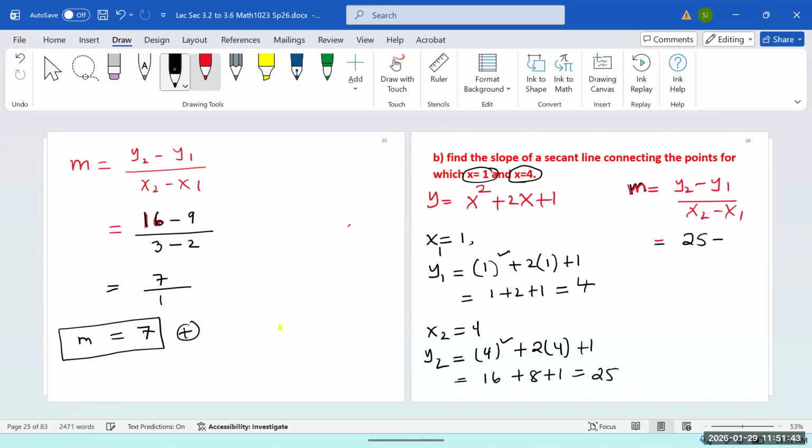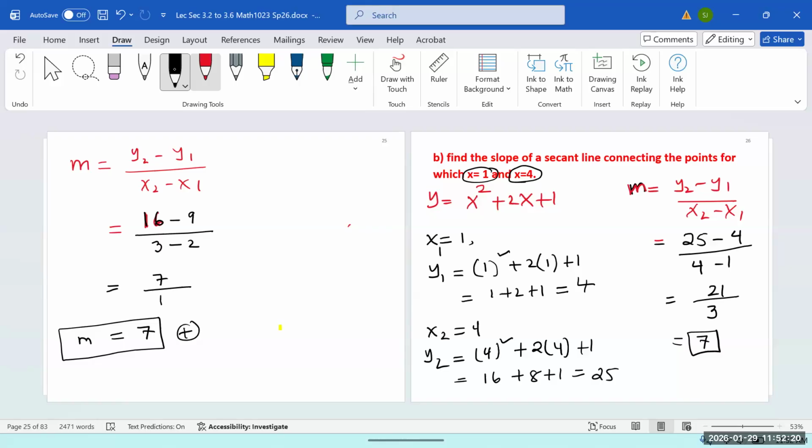So 4 minus 1. 4 minus 1 is easy, right? 3. How about 25 minus 4? 21. And do you know what is 21 divided by 3? 7.